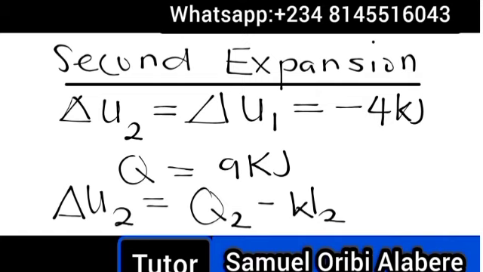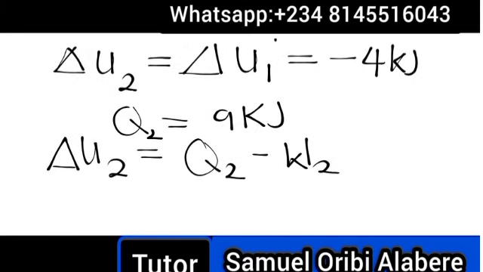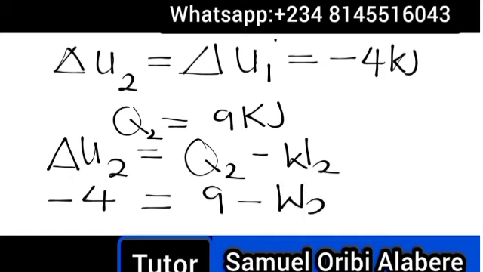Our next step will be to substitute our value of delta U subscript 2 and our value of Q subscript 2 into the first law of thermodynamics. So when we substitute, it will give us negative 4 equal to 9 minus the work done in the second expansion, which is represented by W subscript 2.